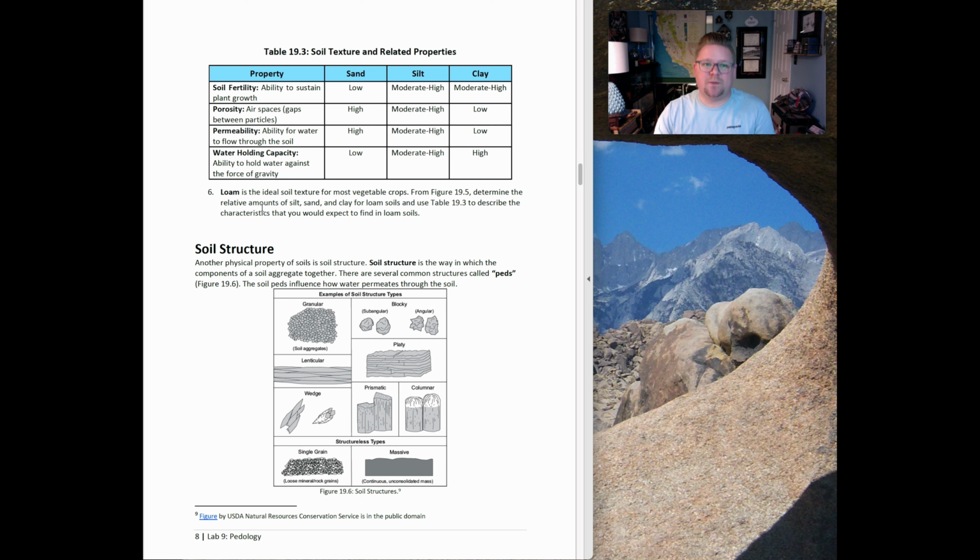Question 6: loam is the ideal soil texture for most vegetable crops. From figure 19.5, determine the relative amounts of silt, sand, and clay for a loam soil, and use table 19.3, this table here, to describe the characteristics that you would expect to find in a loam soil.